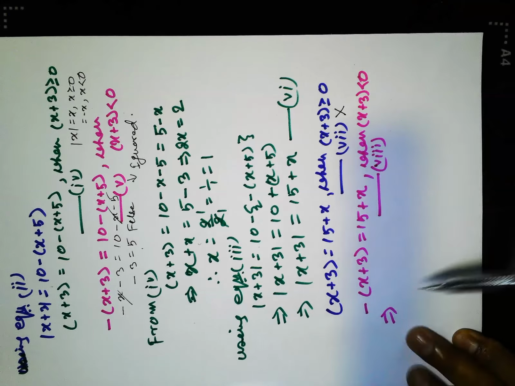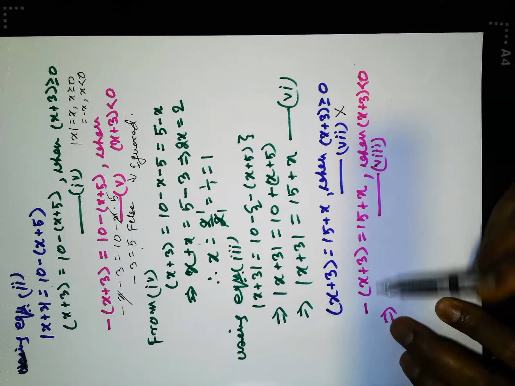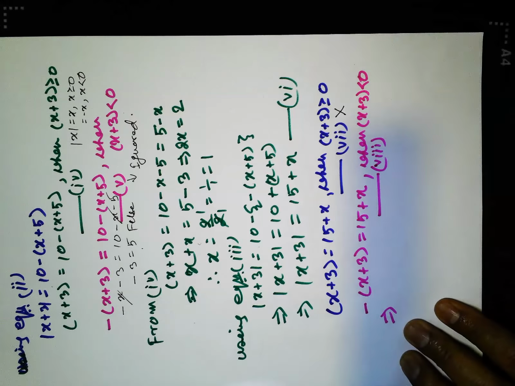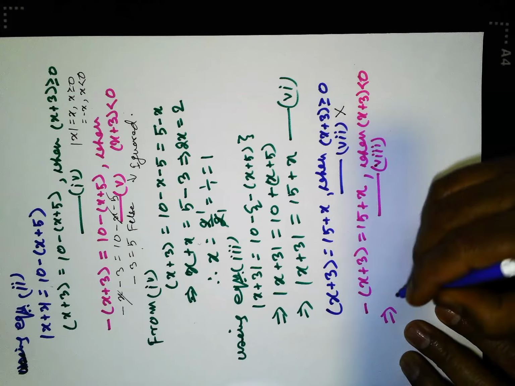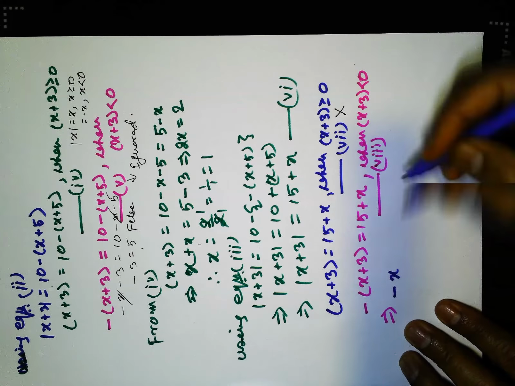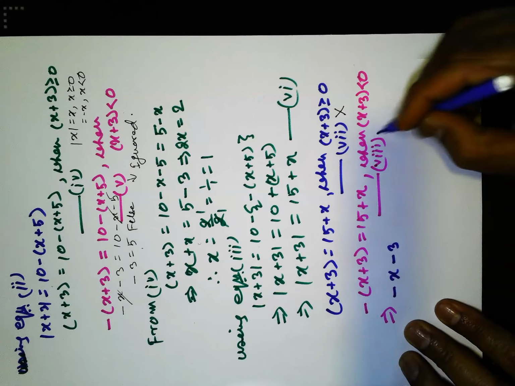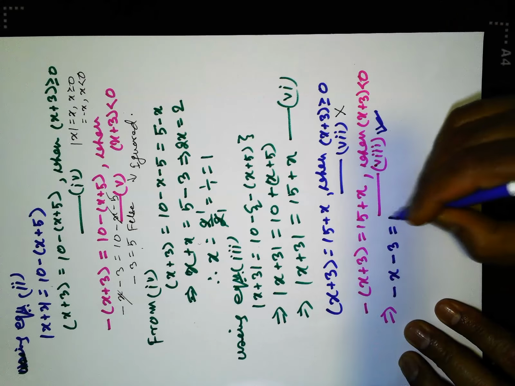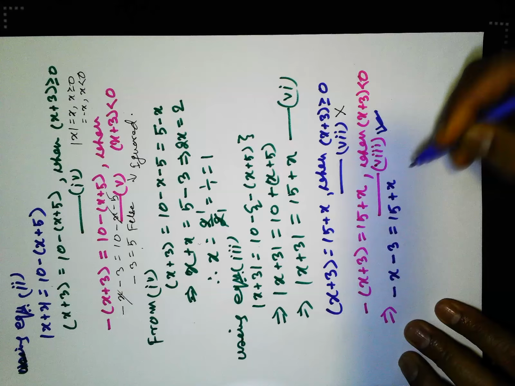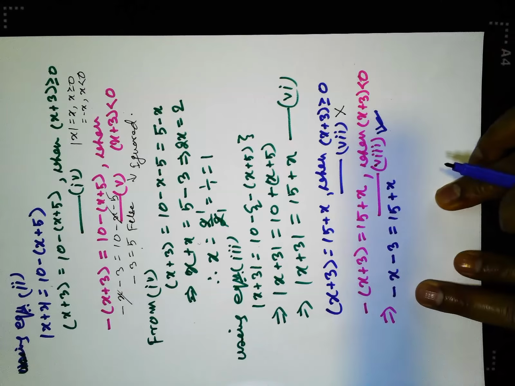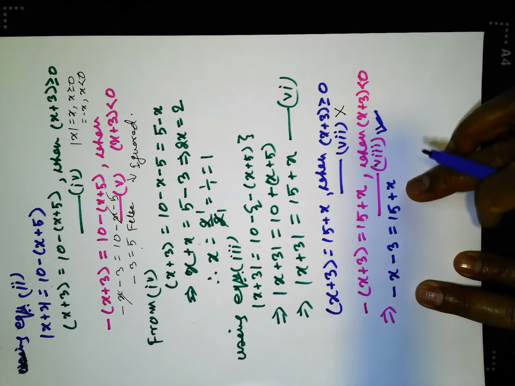Okay, so here I think it will work. Here it is minus x. If you open this bracket, it's going to be minus x, and this is minus 3. So I am using equation 8 now. So it is 15 plus x. In this case, to the left side there is a negative sign, to the right side there is a positive sign for x.